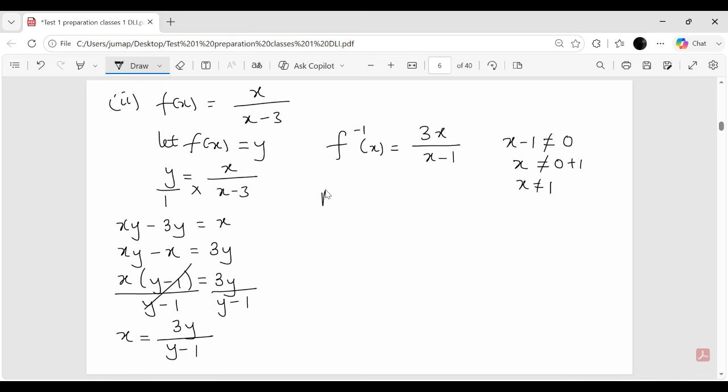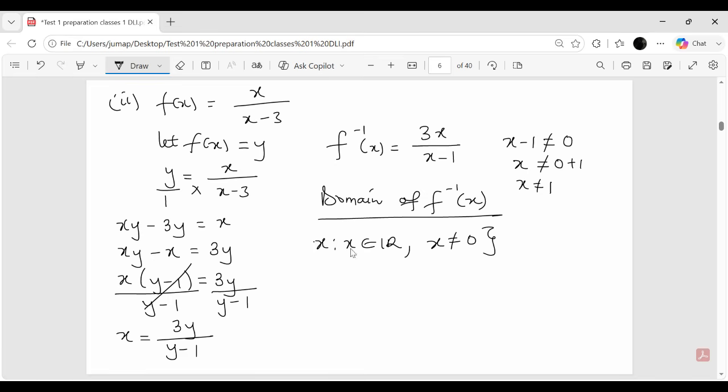Therefore, you're going to say the domain of the inverse function is: x is a member of the real numbers where x must not be equal to 1.